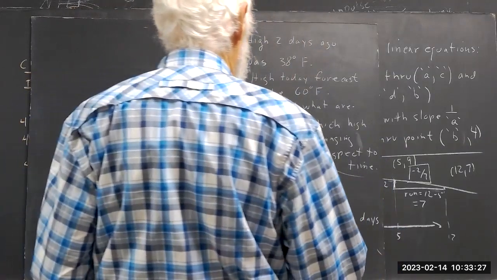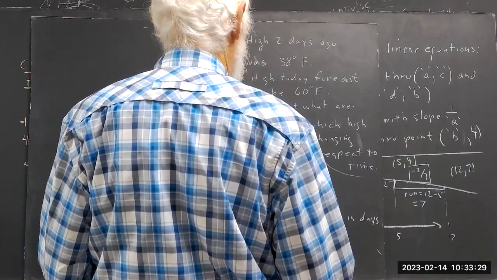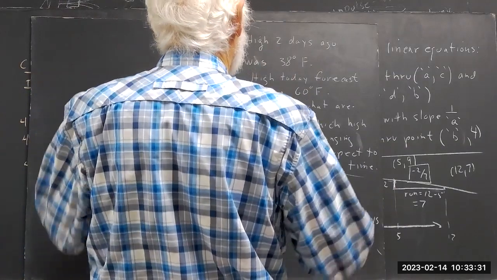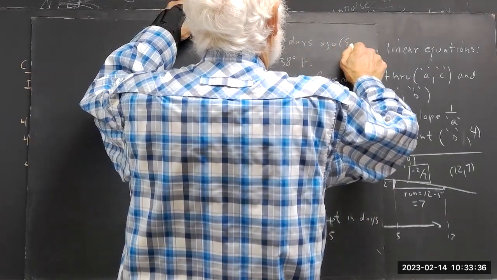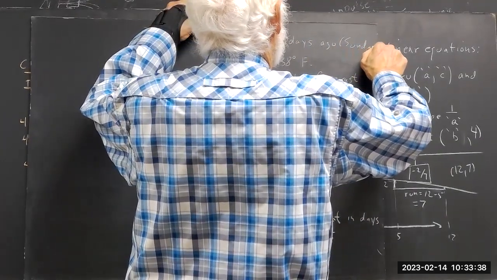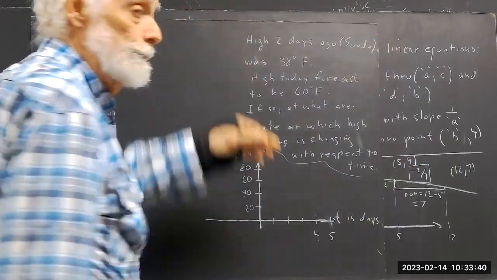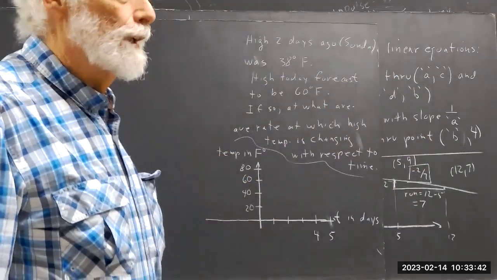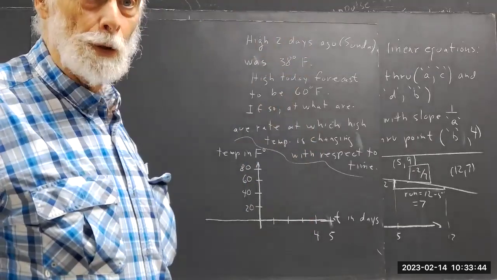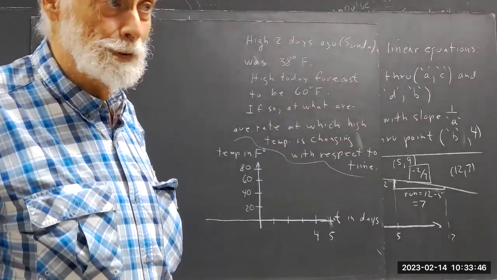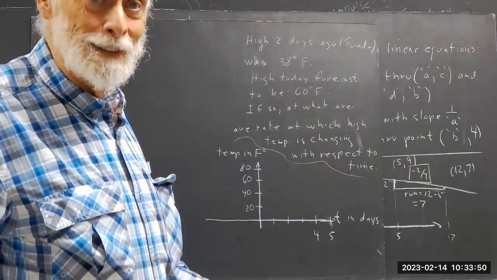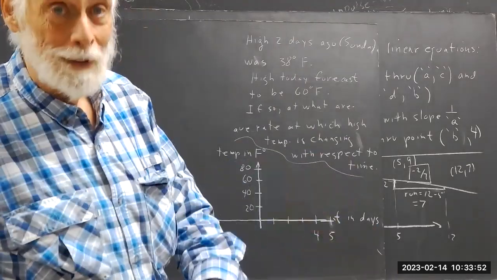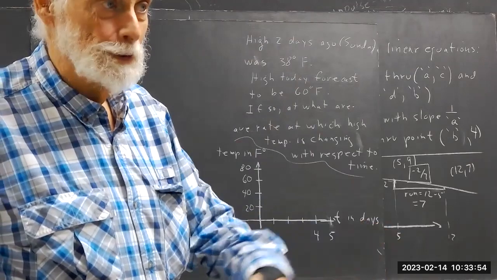So that was Sunday. Now, if you're given this problem and you don't know that today is Tuesday, so that 2 days ago was Sunday, you can pick any day. Let's assume today's Friday.